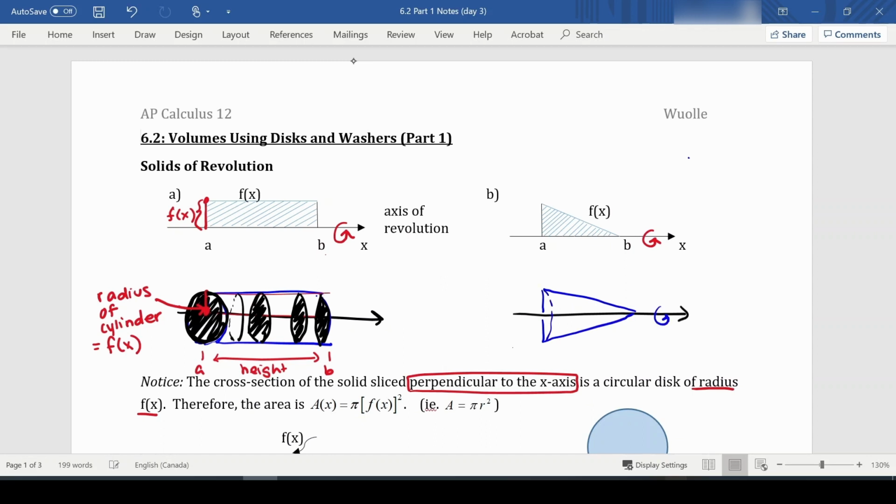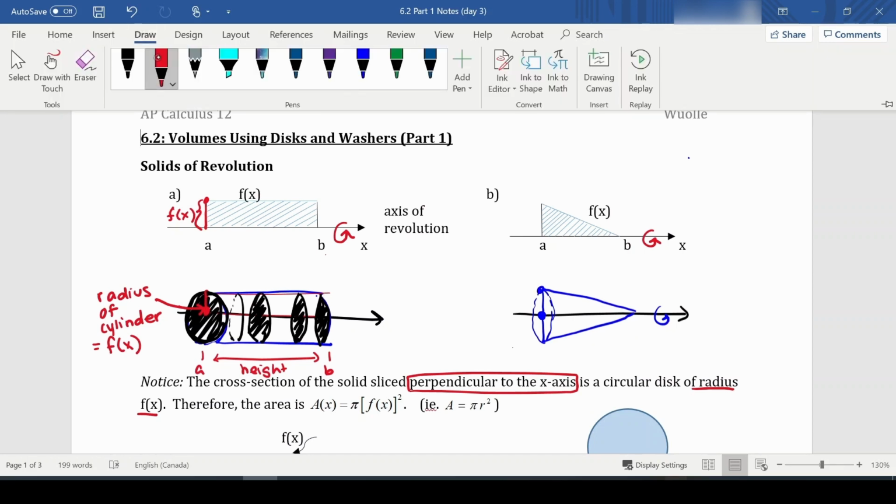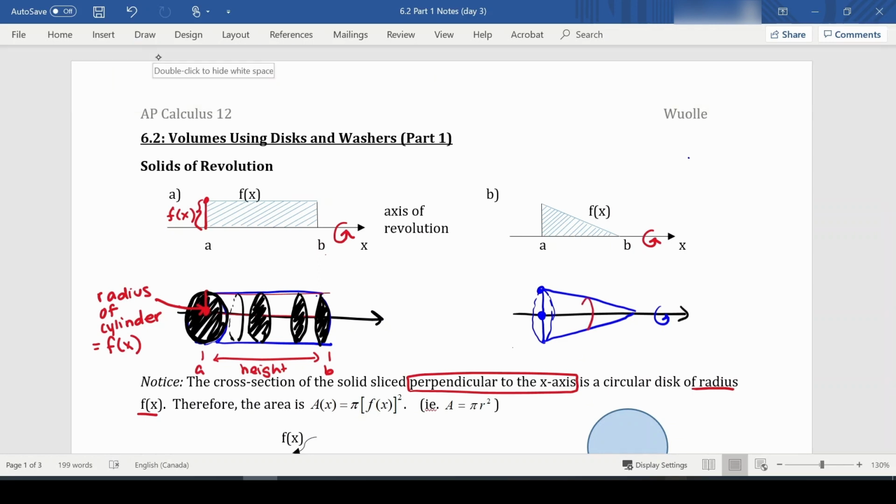Rotating around this way, what you end up with is a circular base of your cone. Again, our cross sections are going to be discs or circles. So if I had one in the middle here like this, that's what it would look like. The difference here is that the circles are getting smaller and smaller as you head towards the tip of the cone.